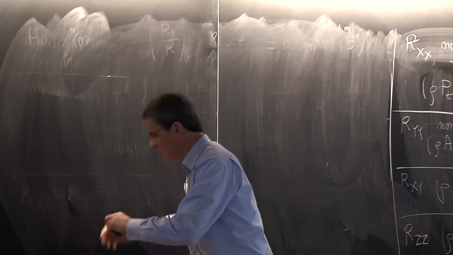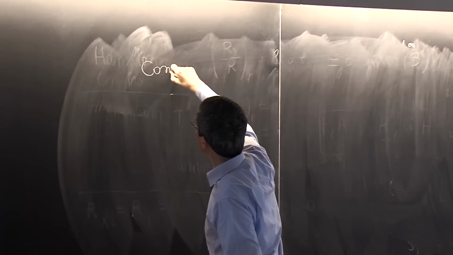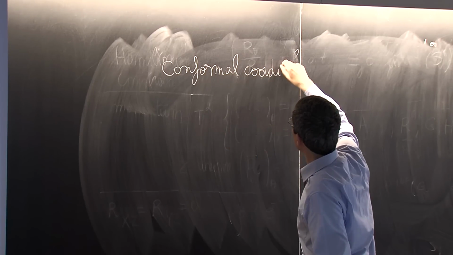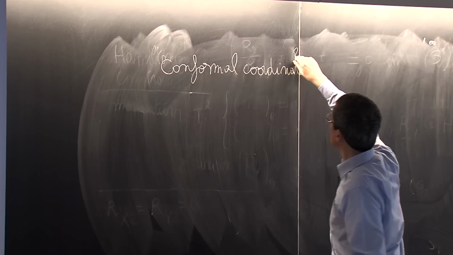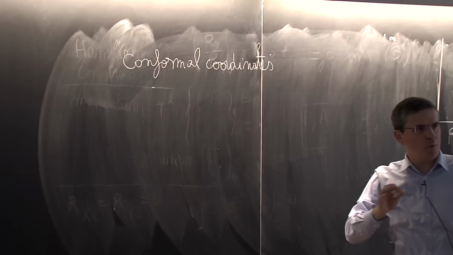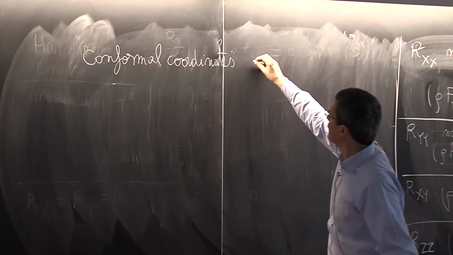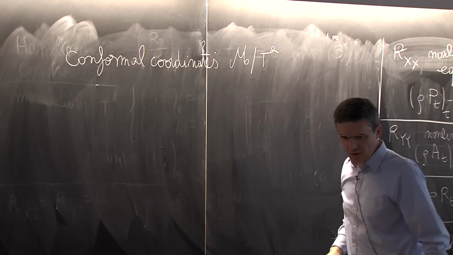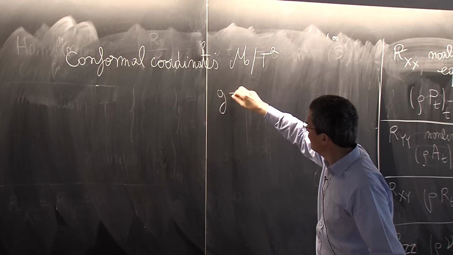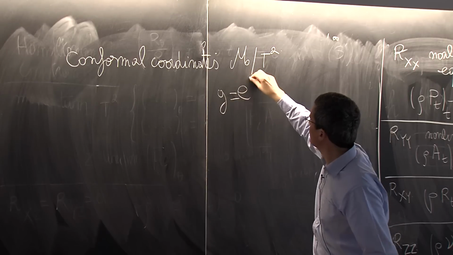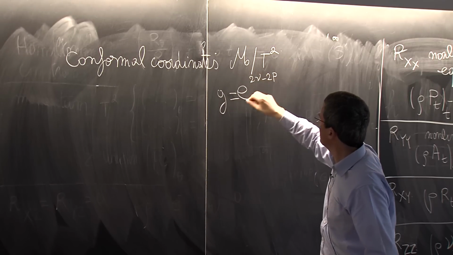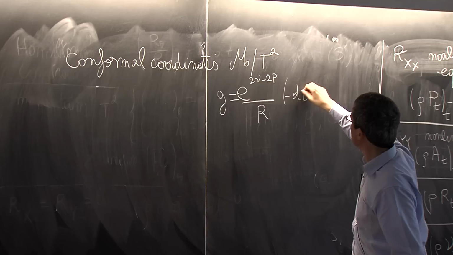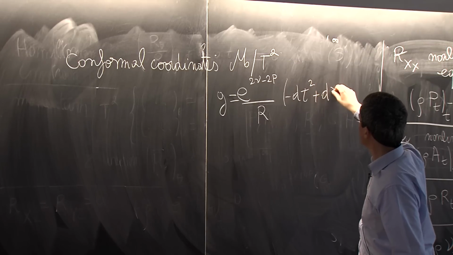Okay, so what I'm claiming now is that we can choose coordinates, which are called conformal coordinates, in which the metric takes a slightly simpler form compared to before. If I look at the quotient metric, I would like the metric to be of the form e to the 2 nu minus 2p divided by r multiplied by minus d tau squared plus d psi squared.